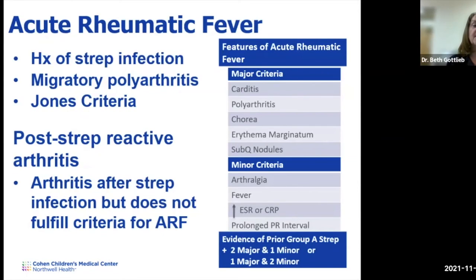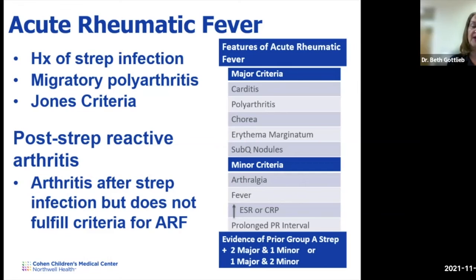Rheumatic fever is something to keep in mind. So I just put here Jones criteria, and they need to have evidence of a preceding strep infection, and then we count up our criteria. If they don't meet criteria, there is a special reactive arthritis called post-strep arthritis, where they don't meet criteria, but we do have evidence of a strep infection before with an arthritis.